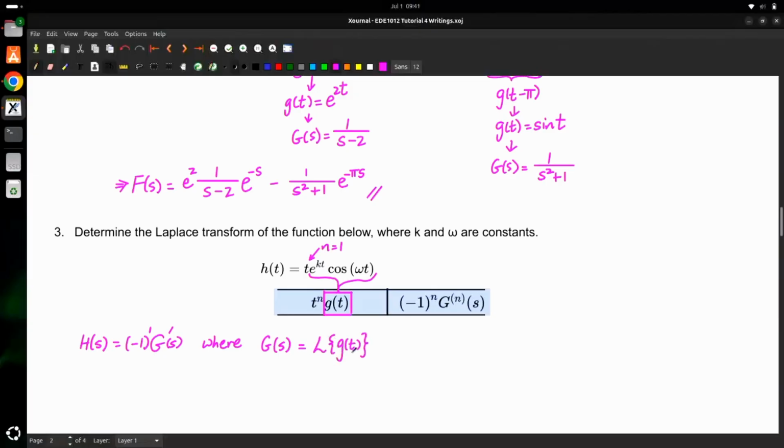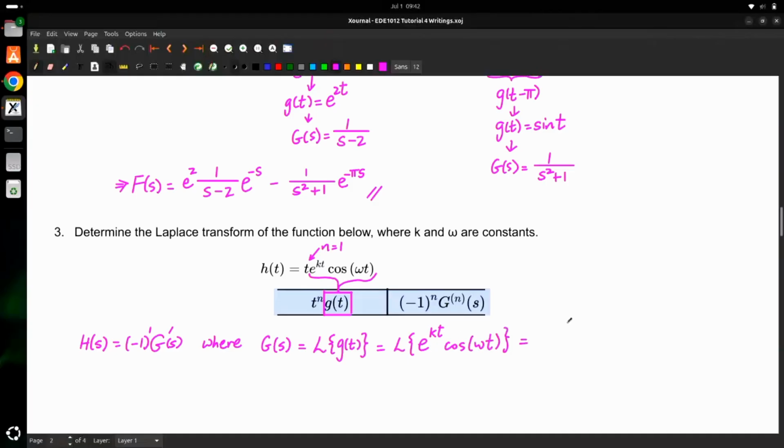Okay, but then the Laplace transform of the small g of t is just the Laplace transform of e to the kt cosine omega t. If you Laplace transform e to the kt cosine omega t, then you just perform shifting, right?